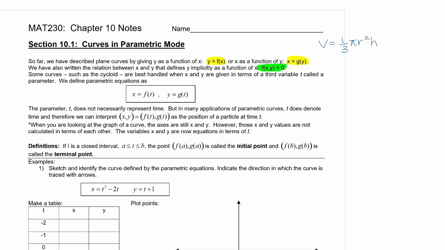But all three of those aren't necessarily changing with respect to each other. They were changing with respect to time. So remember, we differentiated dV/dt, dr/dt, etc. That was probably your first introduction to what we'll call a parameter. And t as time is typical of a parameter, but doesn't necessarily have to be.